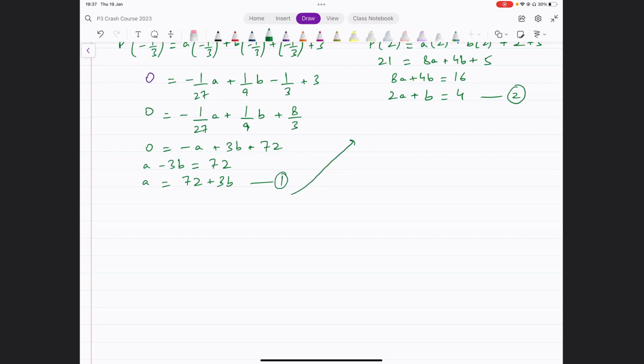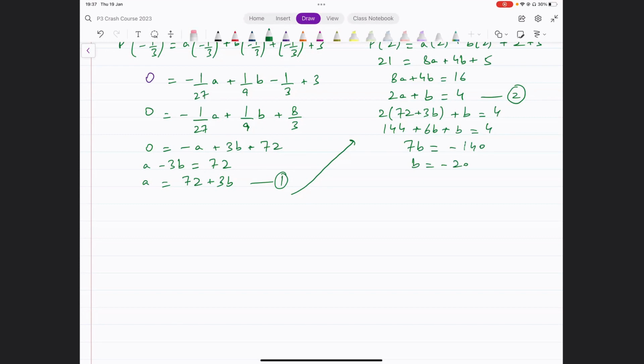That gives us 2 into 72 plus 3b plus b equals 4. Now simplify this. You get 144 plus 6b plus b equals 4. 7b equals minus 140 and b equals minus 20 from this.